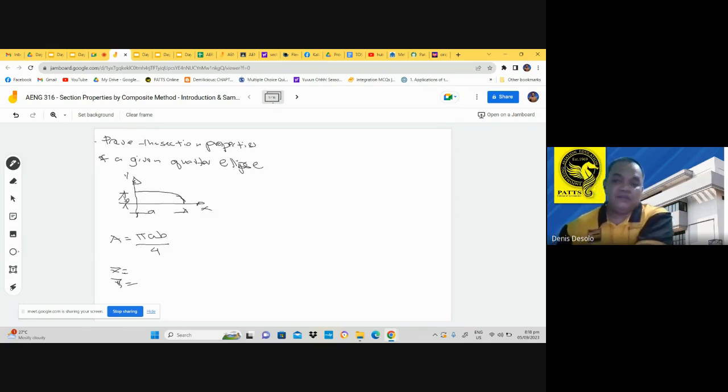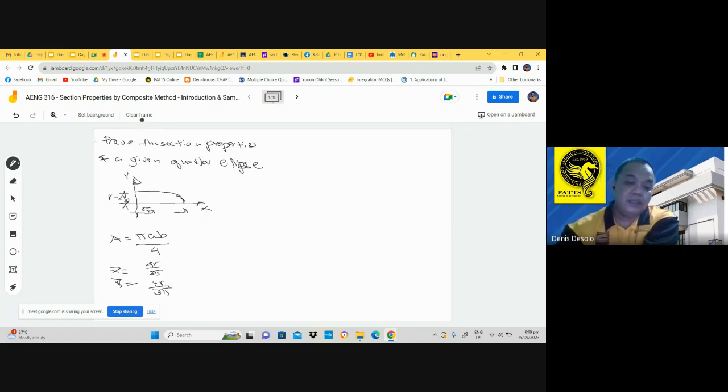But in the ellipse, the x bar will be different from y bar because x bar will be based on the semi-major length and y bar will be based on the semi-minor length. We already know that x bar, if we use the centroid of a quarter circle, is equal to 4r over 3 pi. Same thing with the y bar, if we're talking of a circle, but here one r is a and the other r is b.